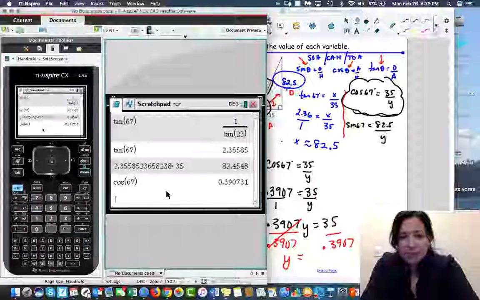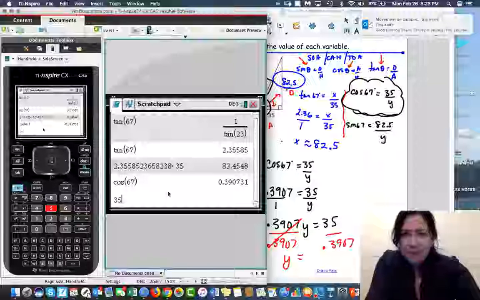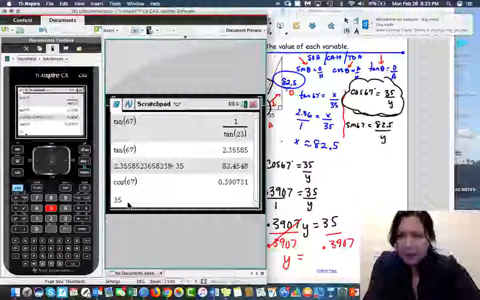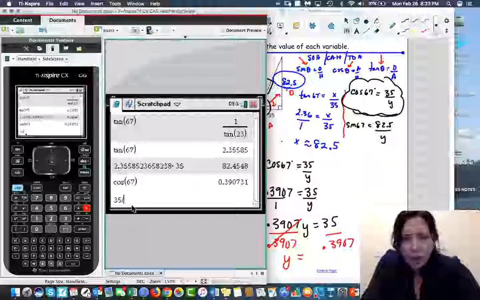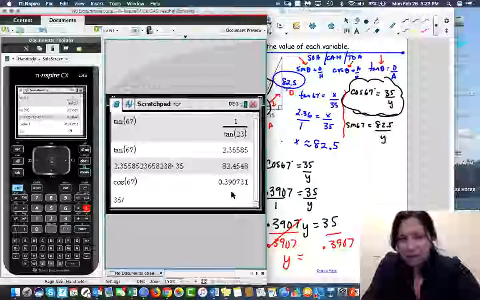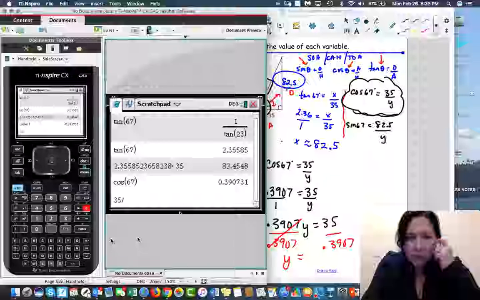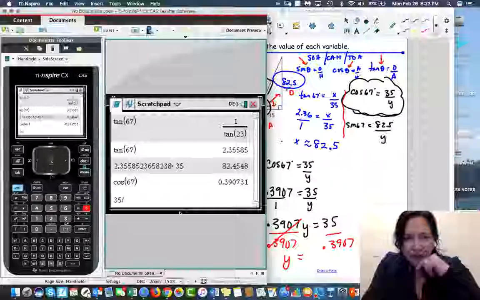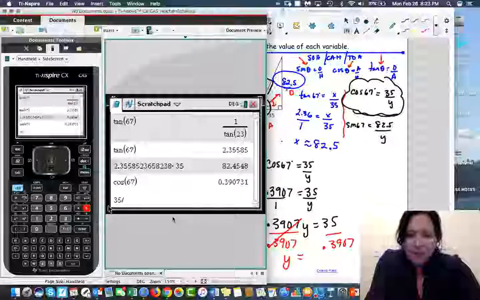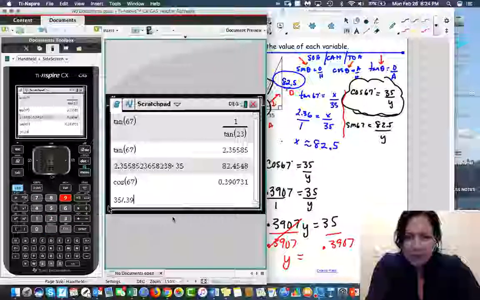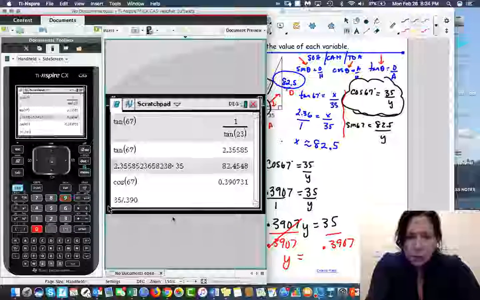So now I'm going to say 35 divided by, and I can actually type in 0.3907, or I can use the value that says answer. If you notice above the minus sign, it says answer. So that's going to be 0.3907.